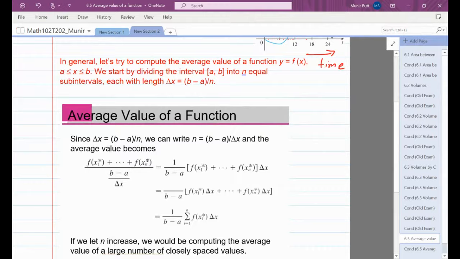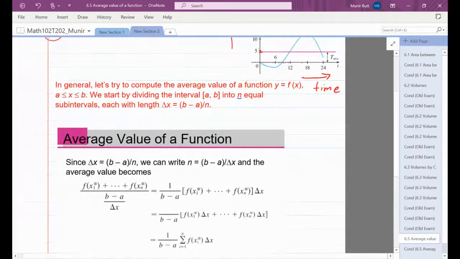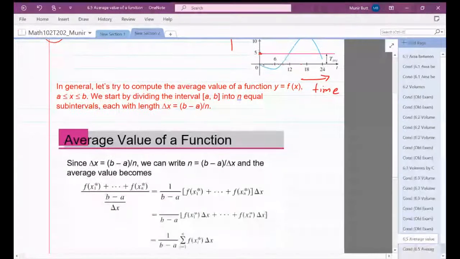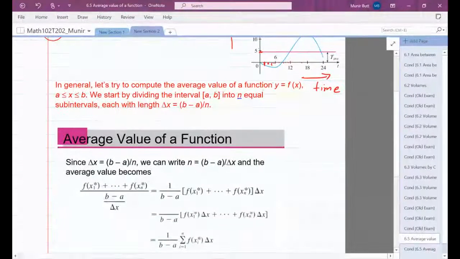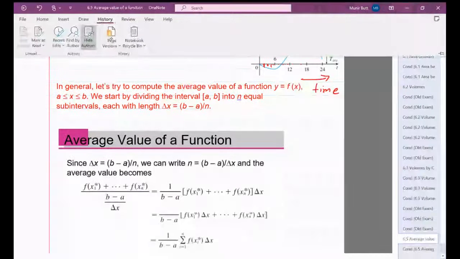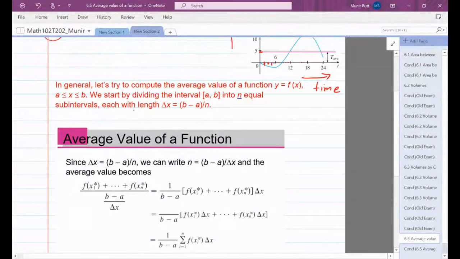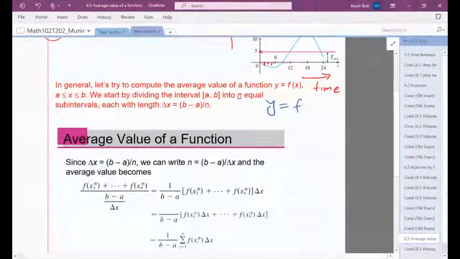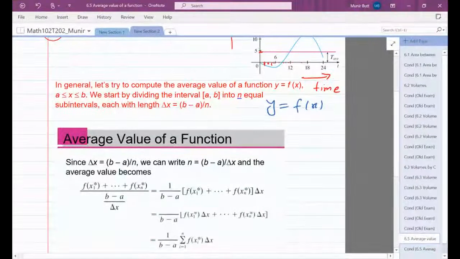In general, as I told you, we will divide the points into some intervals, and then we will see what the average value is. So let us start the fun. Suppose you are given y equal to f of x, with values from a to b.